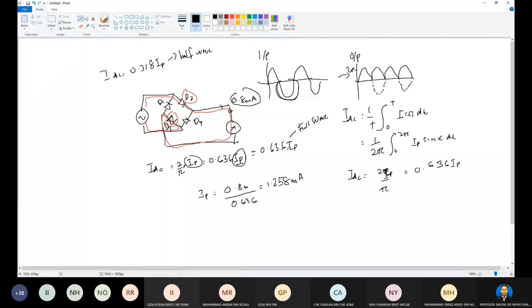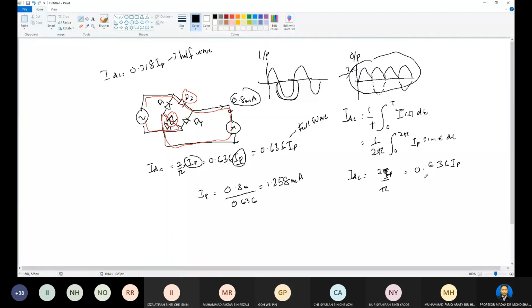How does it come from the output of the rectifier? The equation for DC is 1/T integration from 0 to T of current i(t) dt. From this derivation, at the end we get this.